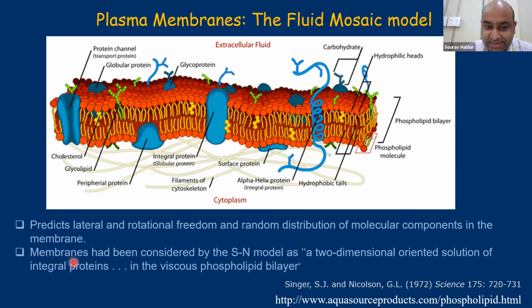And I already mentioned that the membrane, the way the Singer-Nicholson model conceived it, is a two-dimensional oriented solution of integral proteins in a viscous phospholipid bilayer. Now, the viscosity of phospholipids, I'll come to that subsequently, but let me just tell you.